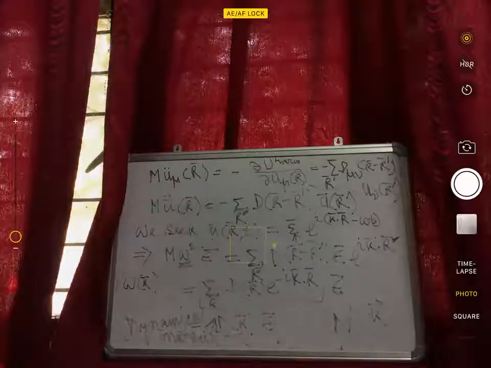Now let us see what the behavior of these modes is at small k's, as before.